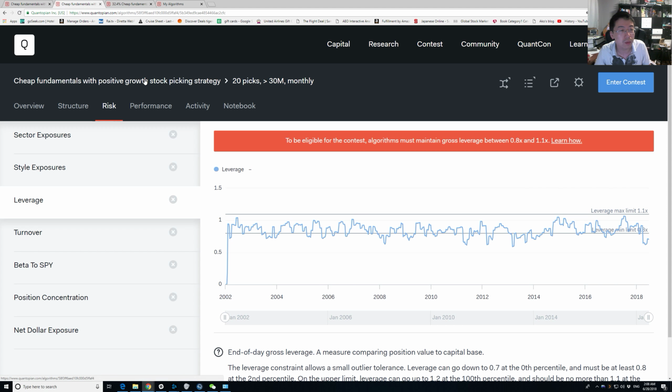If you look at this, it's mostly unfilled. It's like average, I would say maybe 70% in stocks and 30% in cash. Whereas this is on average like 90% in stocks and 10% in cash.